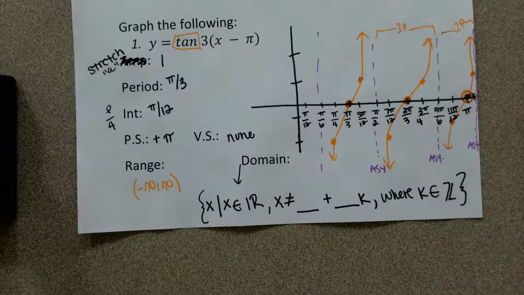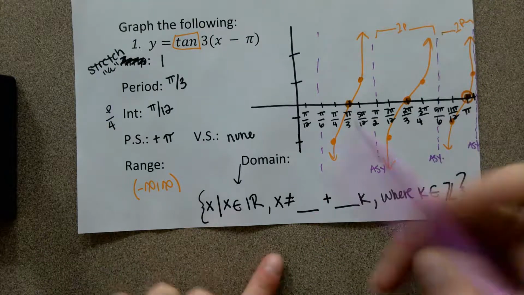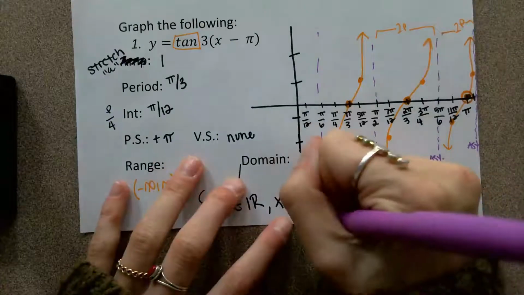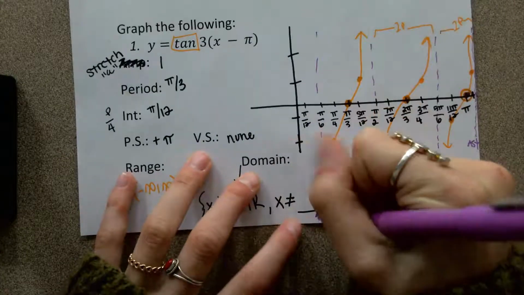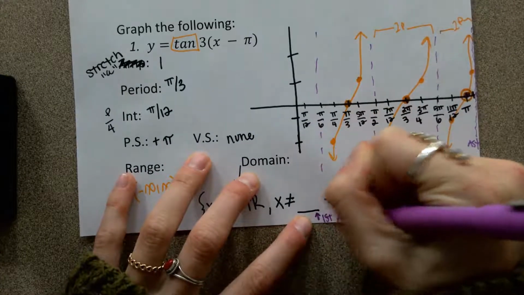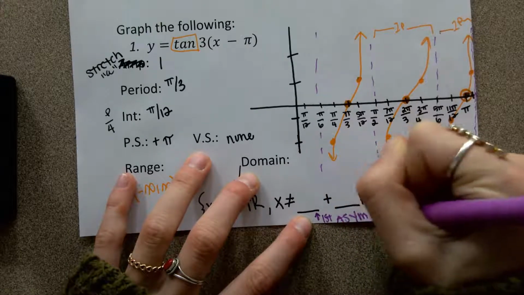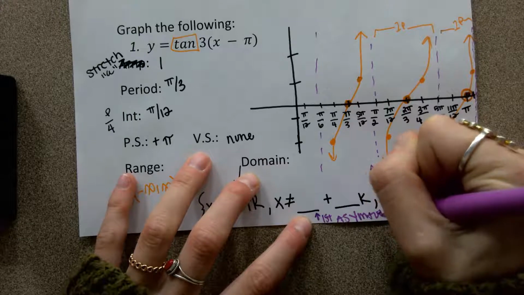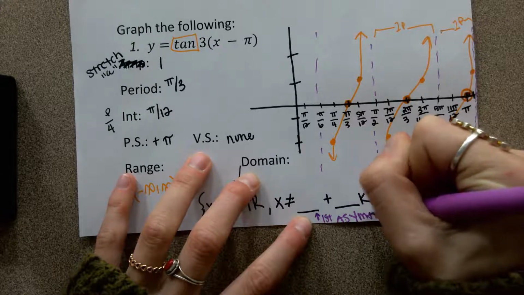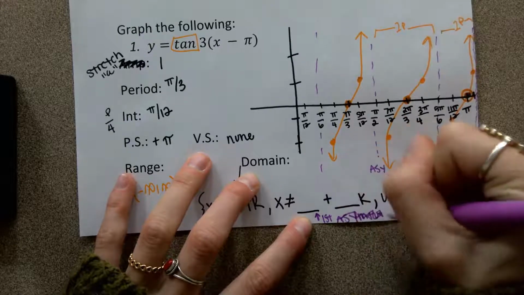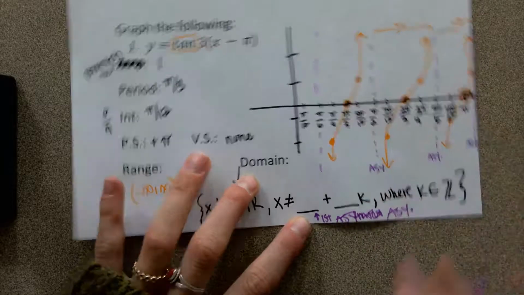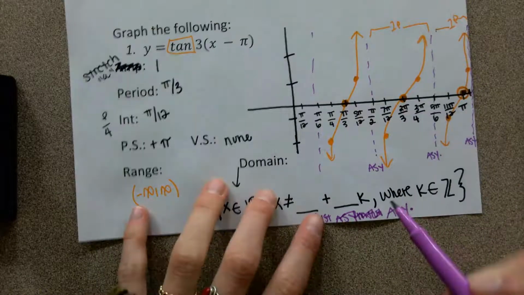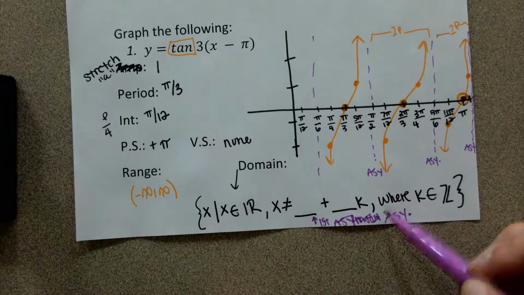This first blank is the position of your first asymptote. My first asymptote, what I mean by that is the furthest to the left.